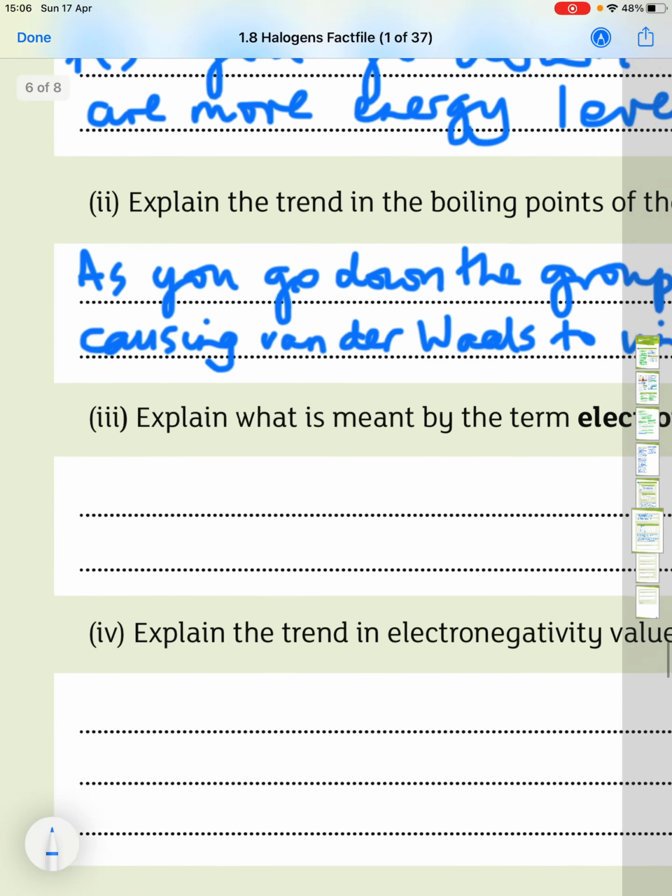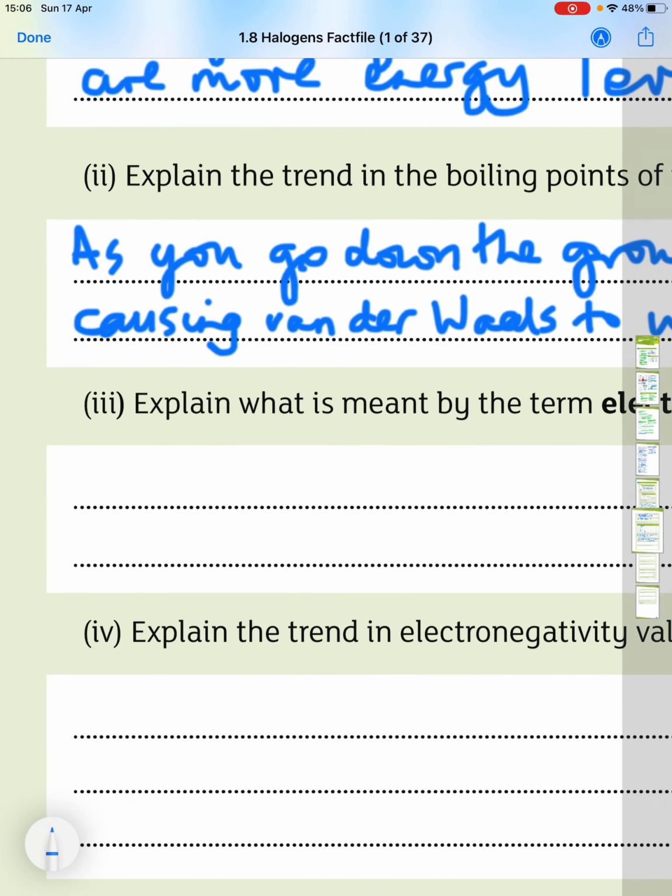Okay, next, explain what is meant by the term electronegativity. So you need to learn this definition off word for word.